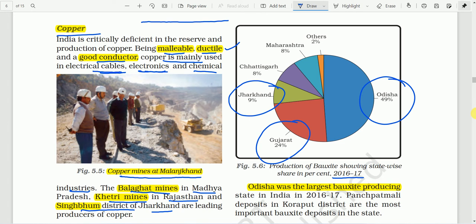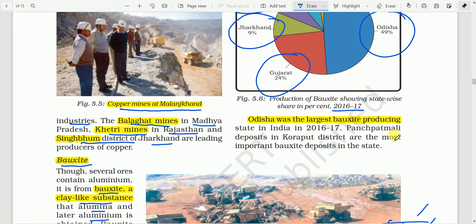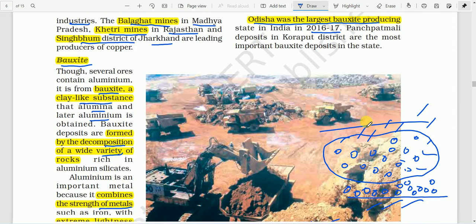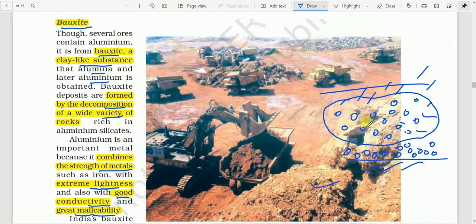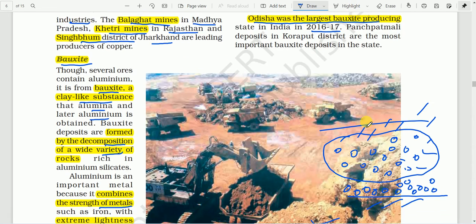Then Jharkhand 9%, Chhattisgarh 8%, the another state Maharashtra also 8%, and remaining other states 2%. Okay, remember Orissa is the largest bauxite producing state in India in the year 2016 and 17. Panchpatmali deposits in Koraput district are the most important bauxite deposits in the state. So this is about distribution and production of bauxite ore.